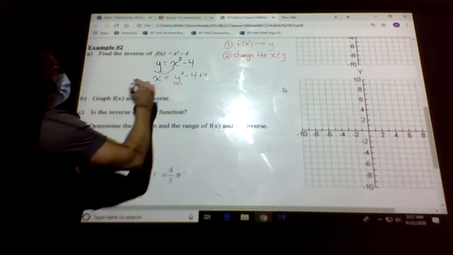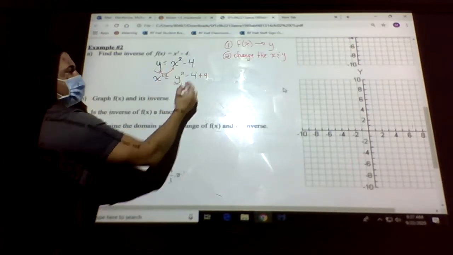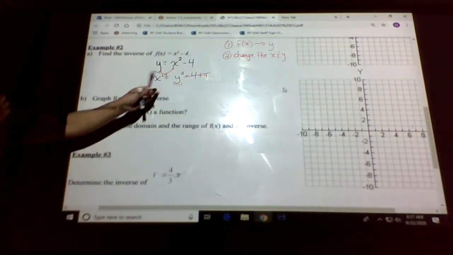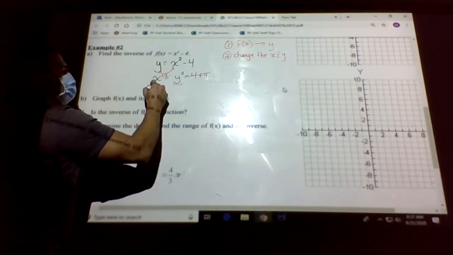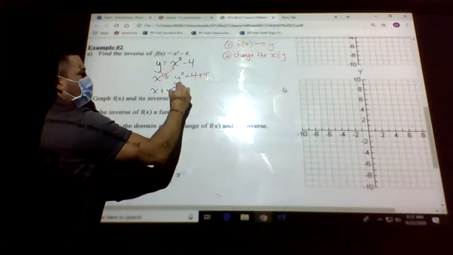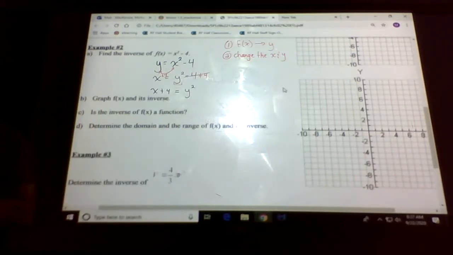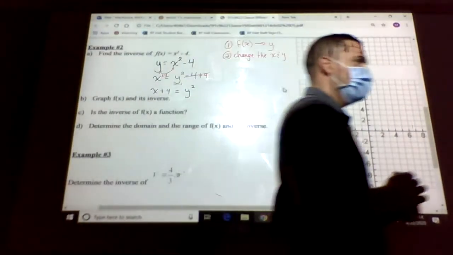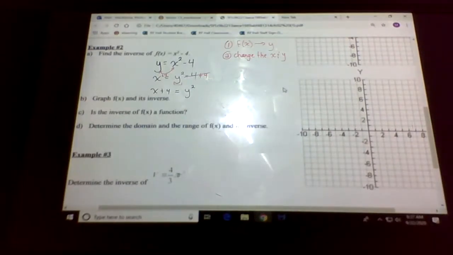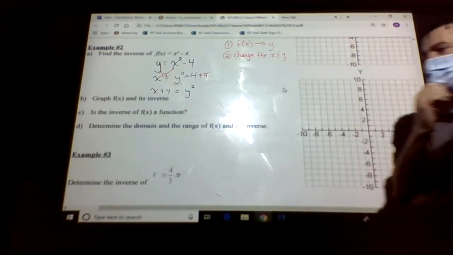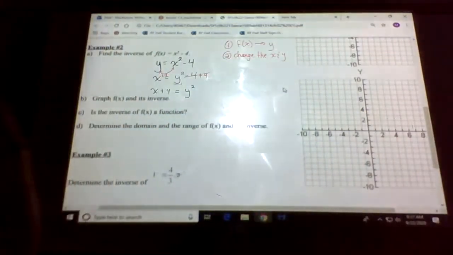So this -4 plus 4 canceled out, so that on this side we get x plus 4 equals y squared. But if you move everything over the equal sign, I'm okay with that.